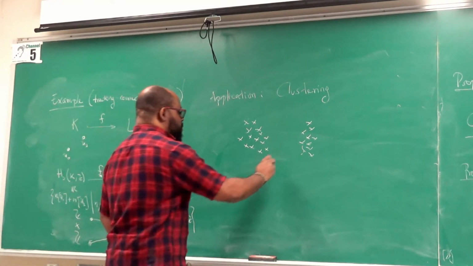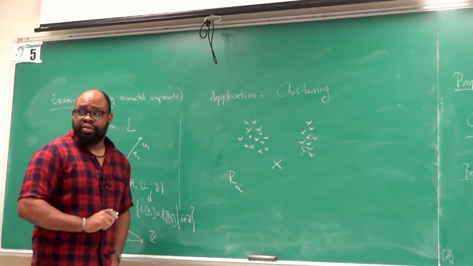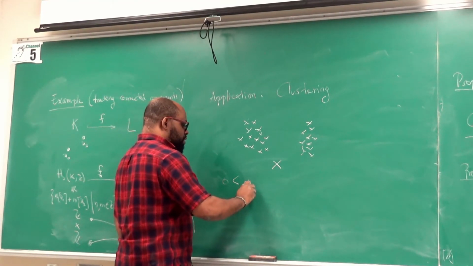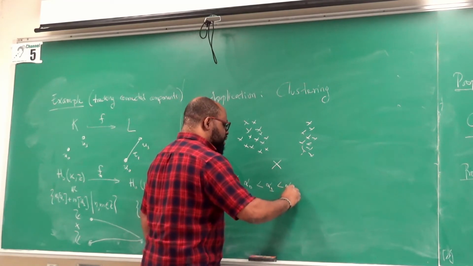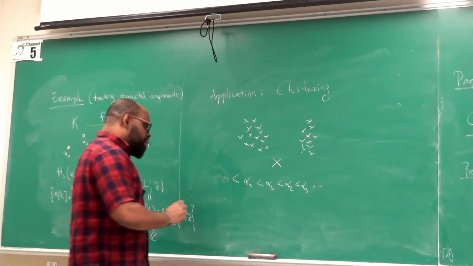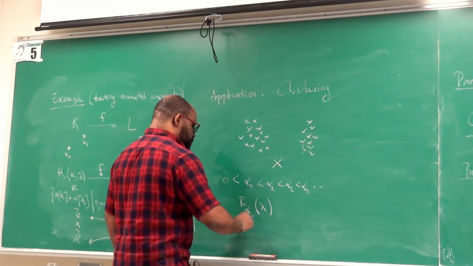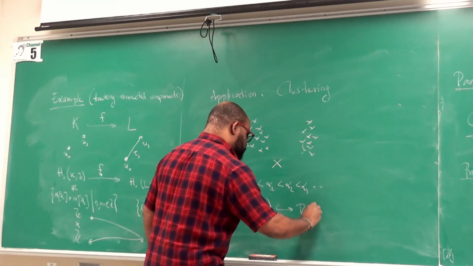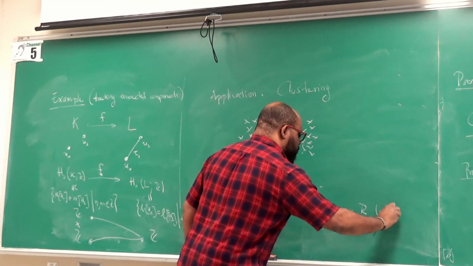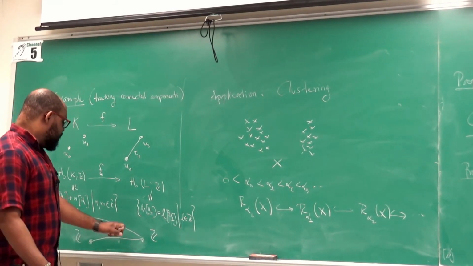So what we can do, right, is we can look at the Rips complex. Perhaps we can look at several scales where we're not sure what the right scale is. We look at the Rips complex at each one of those scales. Right? And then we look at homology in degree 0, just like we did here.